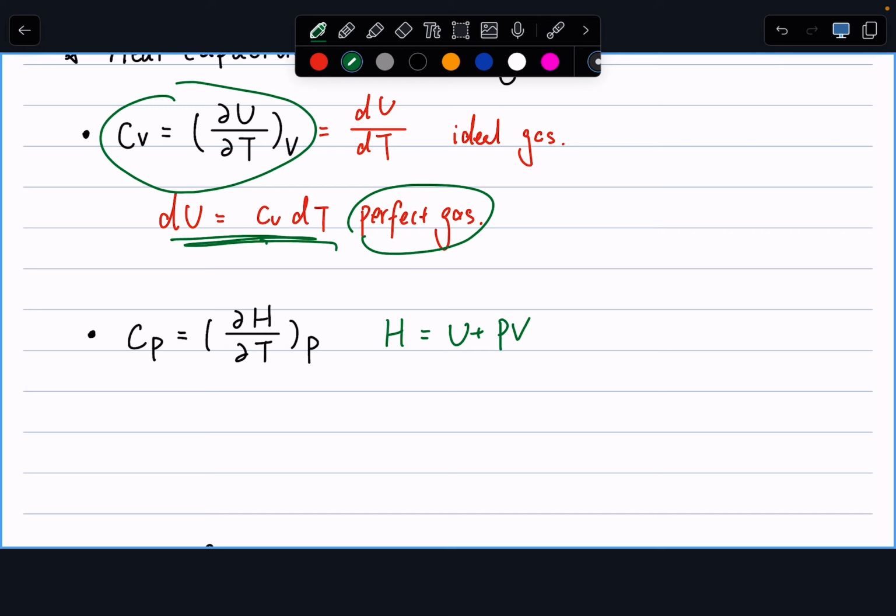For an ideal gas, PV equals nRT, so your enthalpy equals U plus nRT. Naturally, your enthalpy is also only dependent on temperature for ideal gases. So we can do the same transformation, rewriting dH equals Cp dT for an ideal gas.